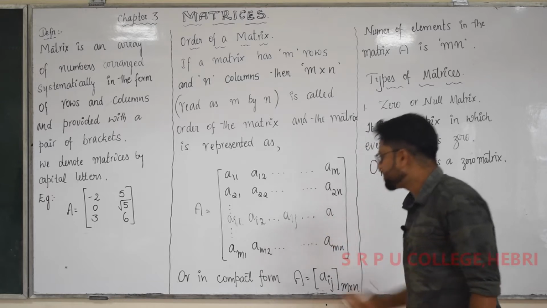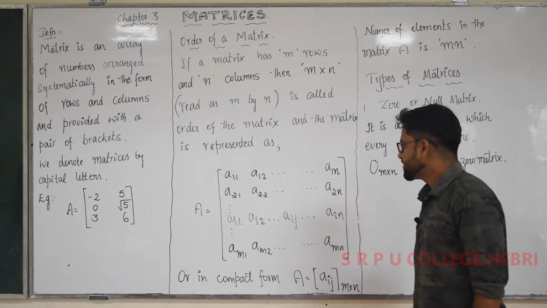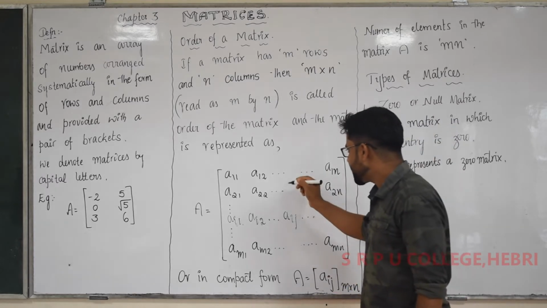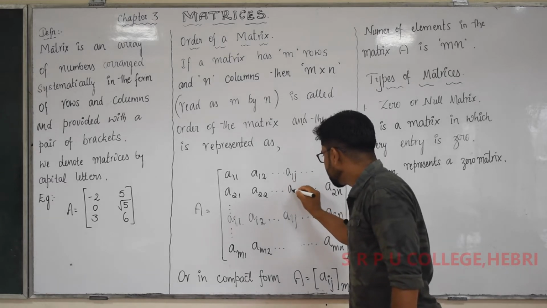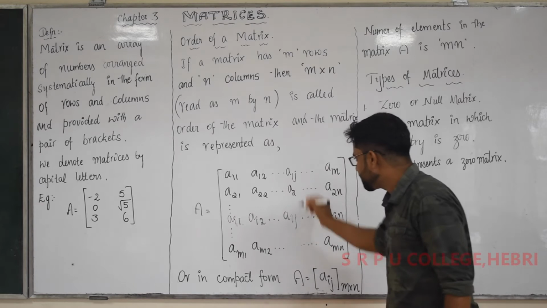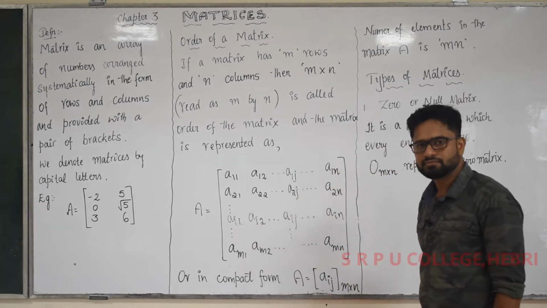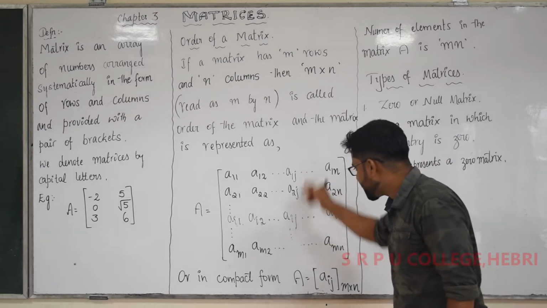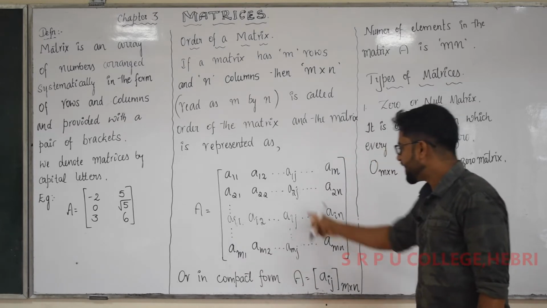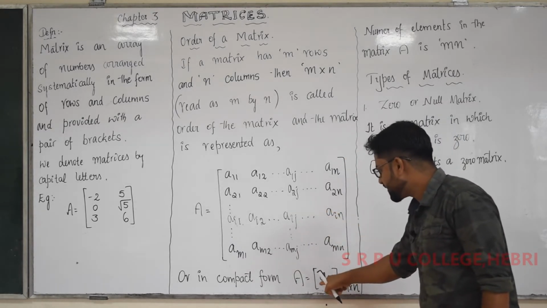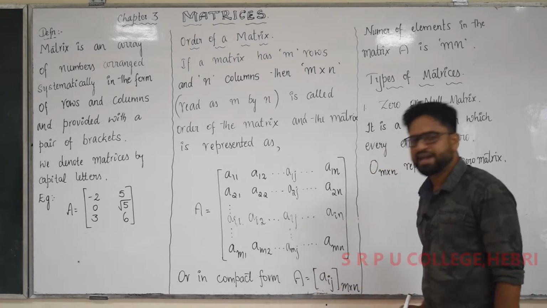The last element of that ith row will be Ain. Similarly, the jth column: the first element of that jth column will be A1j, the second element of that jth column is A2j, and so on, and the last element of that jth column will be Amj. That element we use to represent that matrix in compact form, A is equal to, within square bracket, Aij.